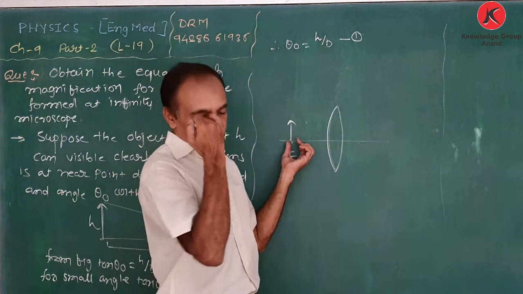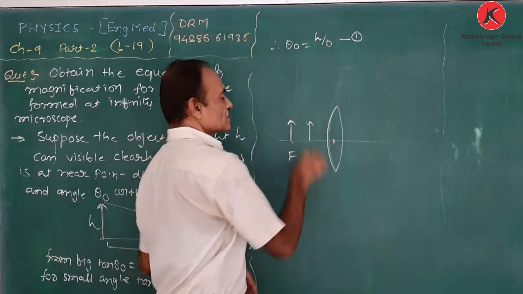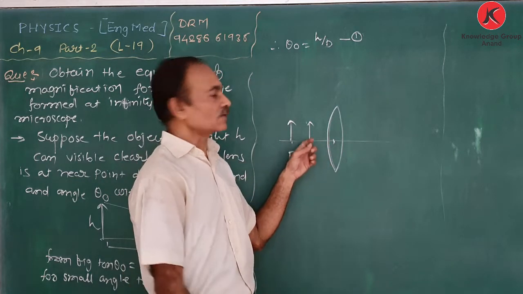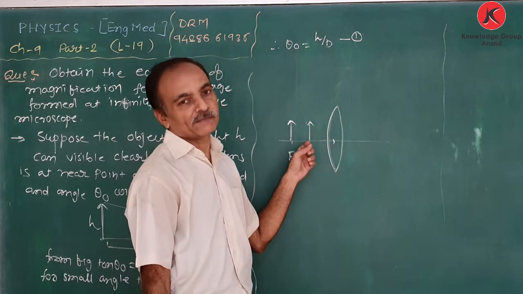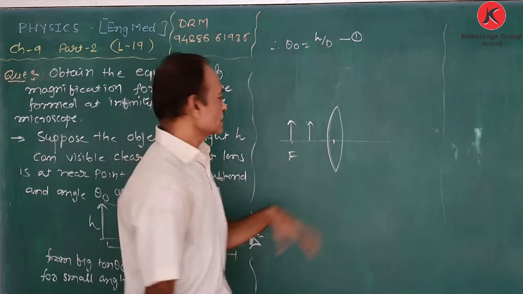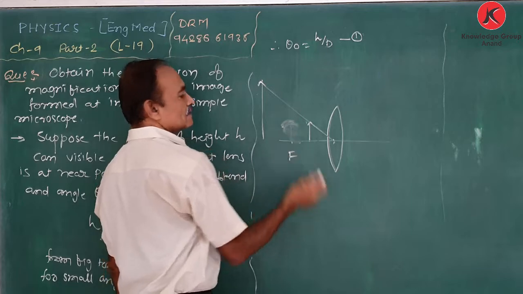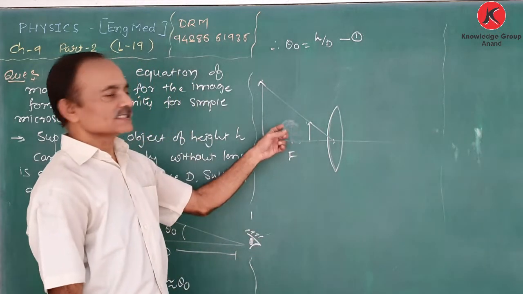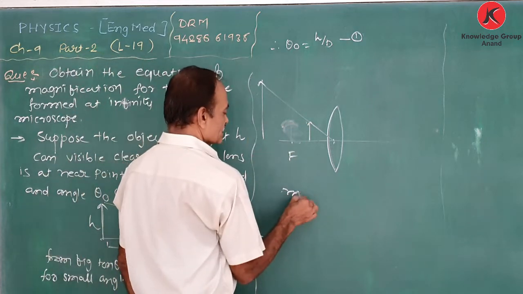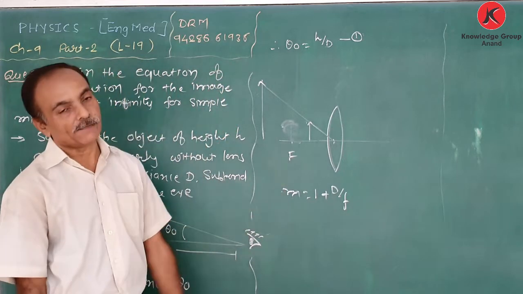If the object is placed between optical center and principal focus, its image is formed on the same side, and this image is erect and magnified. For this case, in the last lecture we derived the equation of magnification, M is equal to 1 plus D upon f.